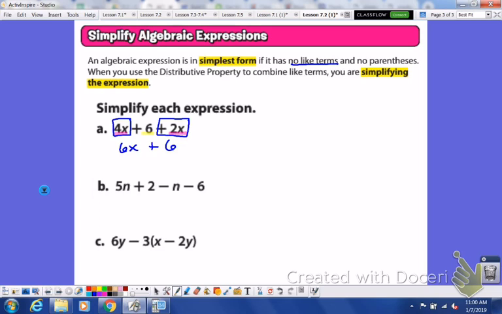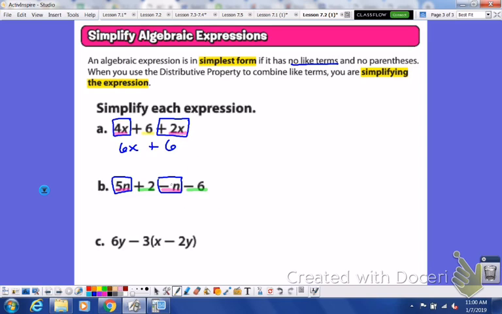Okay, in part B, 5n plus 2 minus n minus 6. Again, if we go through and highlight, 5n, and I see an n here. Then plus 2, I can't add that to the n, but I can combine that with the negative 6. So I have 5n minus n.